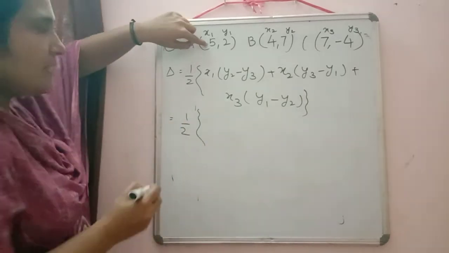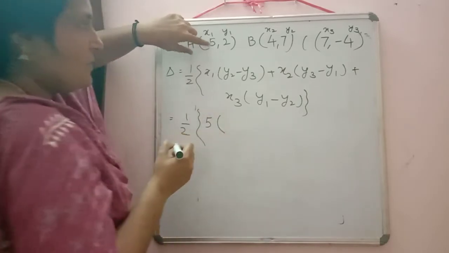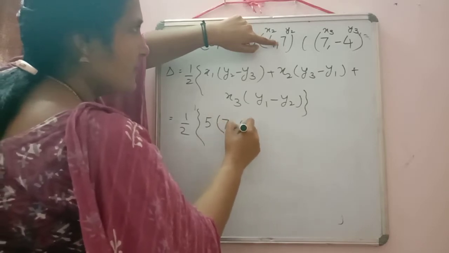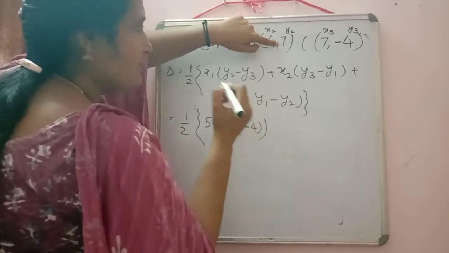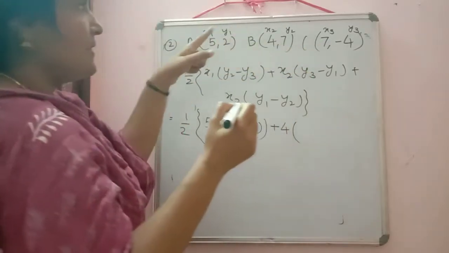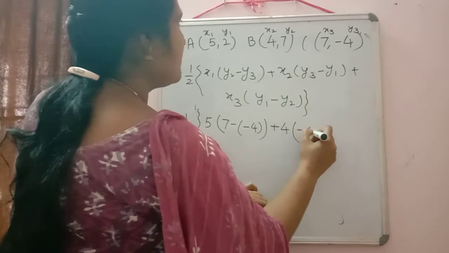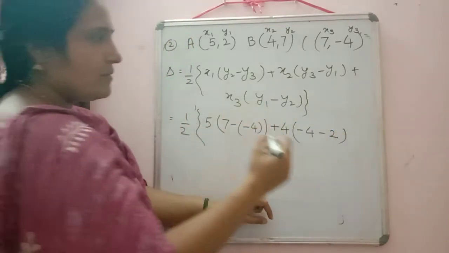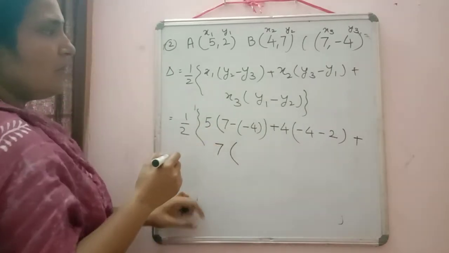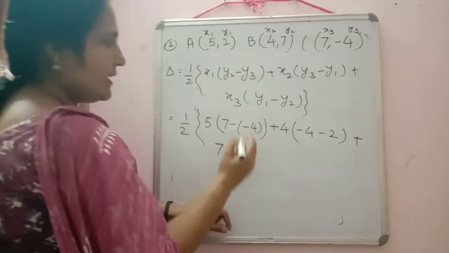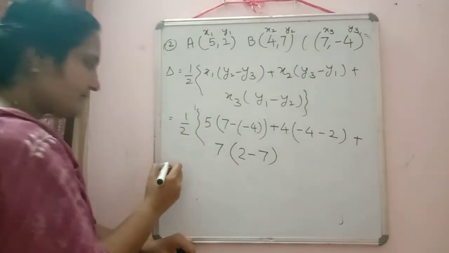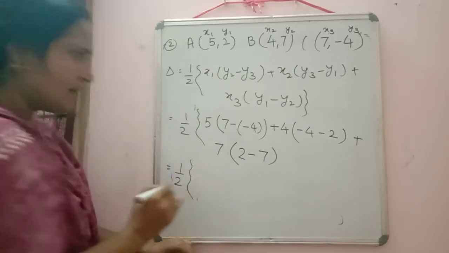In place of x1 we have 5. 5 into y2 minus y3. y2 is 7 minus y3, minus 4. Then plus x2, plus 4 into y3 minus y1. So it will be equal to minus 4 minus 2 plus x3. x3 we have 7 into y1 minus y2. y1 is 2 and y2 is 7. So 2 minus 7.